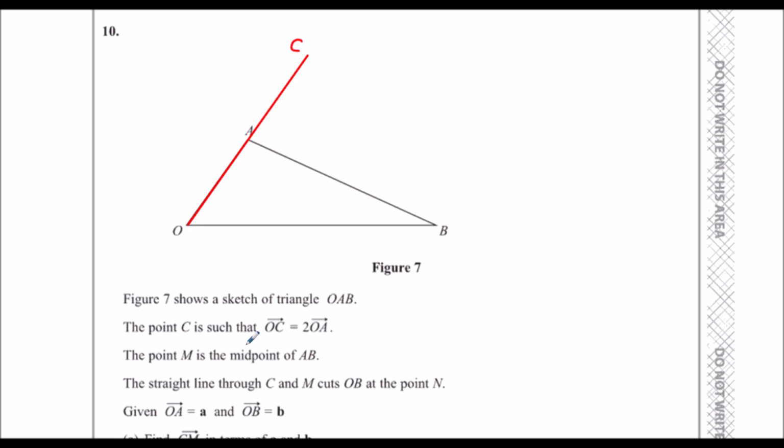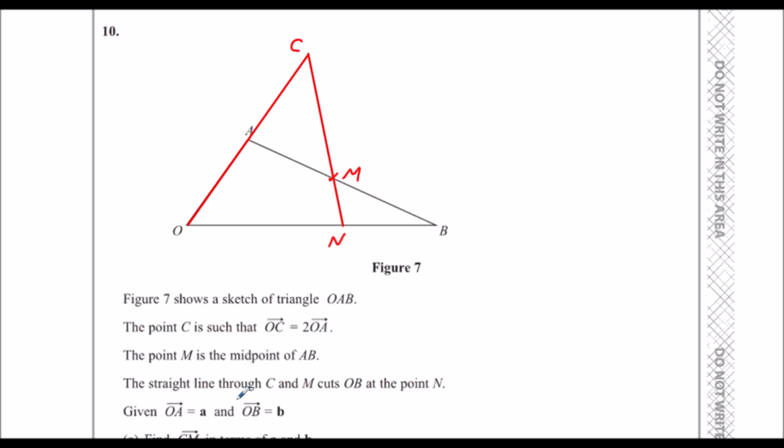The point M is the midpoint of AB. The straight line through C and M cuts OB at the point N. So C and M cuts OB at the point N.